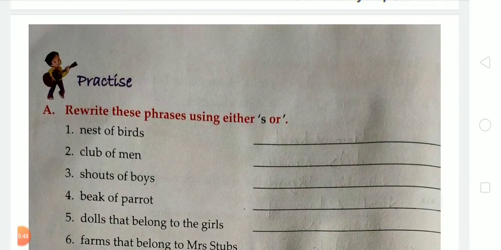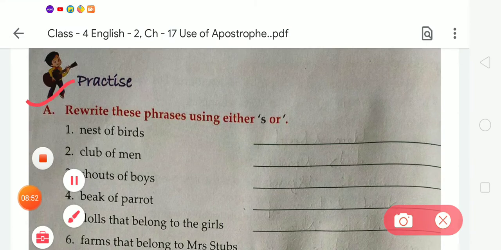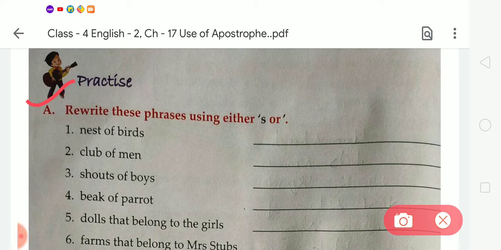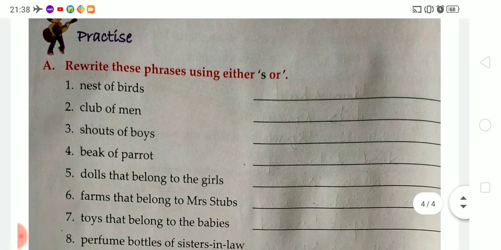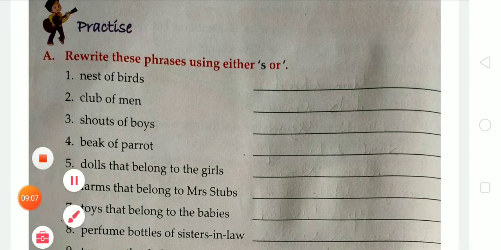So first of all, in number 1, rewrite this phrase using either apostrophe s. Okay, so let's do it. In the first, you can see nests of birds. So here we have to write this phrase using apostrophe s.